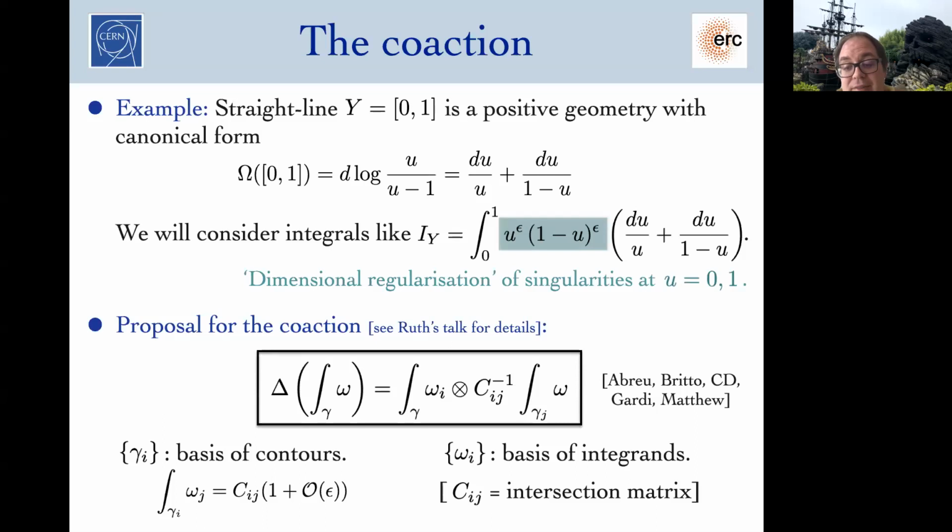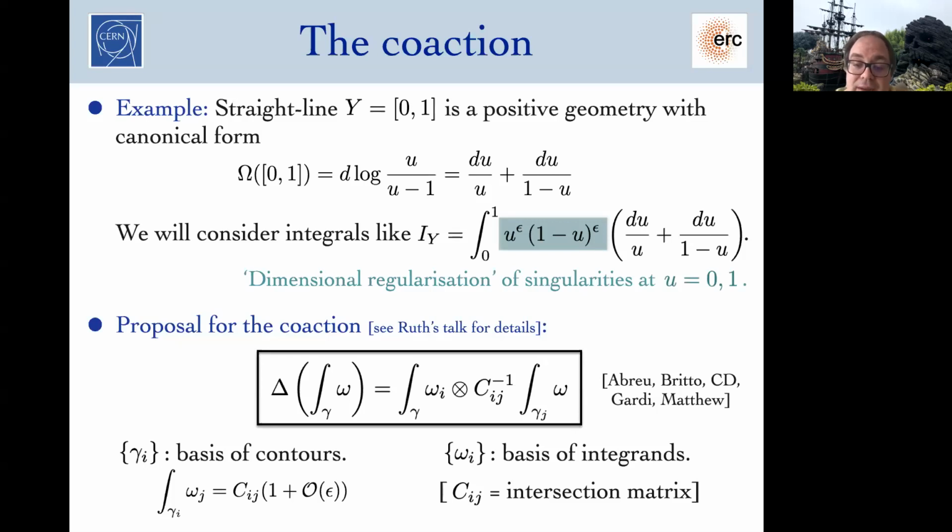So you have to take a basis of, call it integrands, a basis of differential forms associated to the geometry. If you remember Simon's talk yesterday, that goes in the direction of a basis of the cohomology. And I also need a basis of contours.